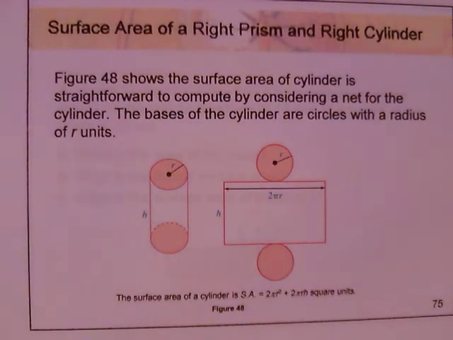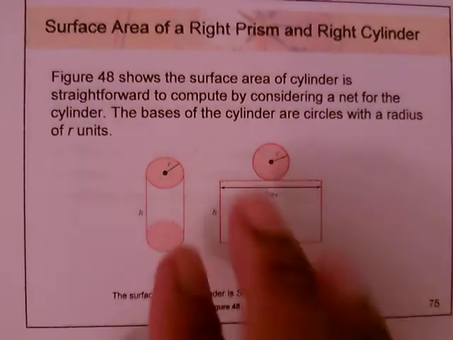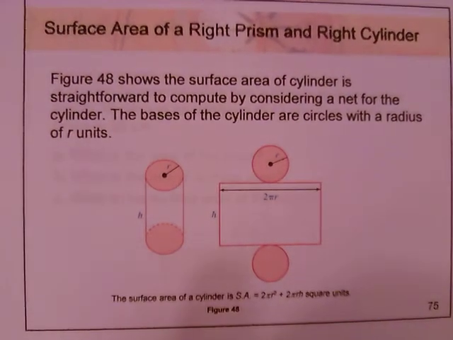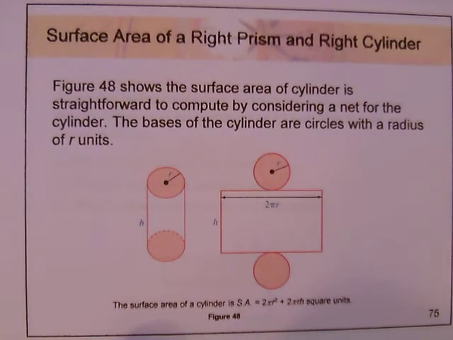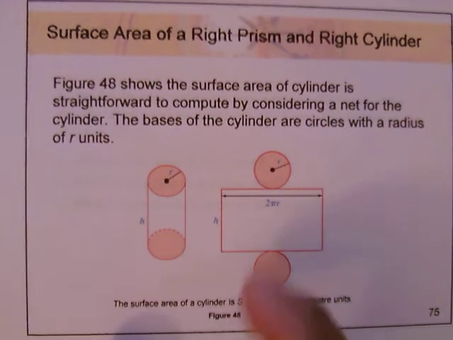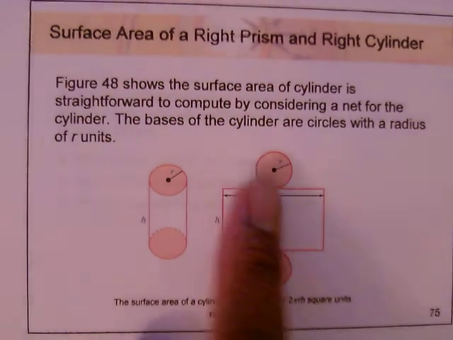Now let's look at a right cylinder. In this figure, you're going to see the surface area of a right cylinder. That's going to be straightforward to compute by considering a net for that cylinder. We take apart the cylinder and flatten it out in two dimensions. When you flatten this out, you see two circles, one at the top and one at the bottom. Each circle has an area of pi r squared.